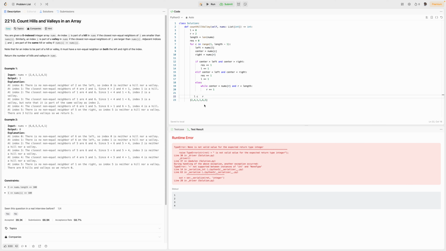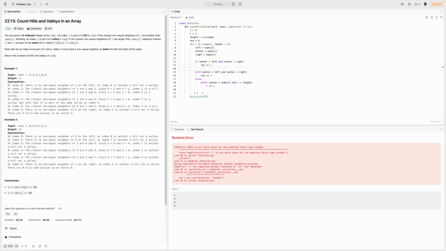When C is equal to R, that means C has caught up to R, then increment L. Okay, now that we got to here, right? We don't want to increment L here.